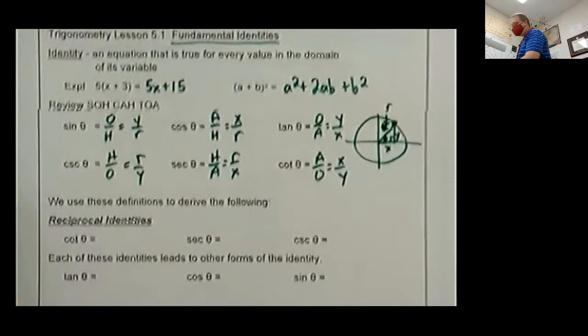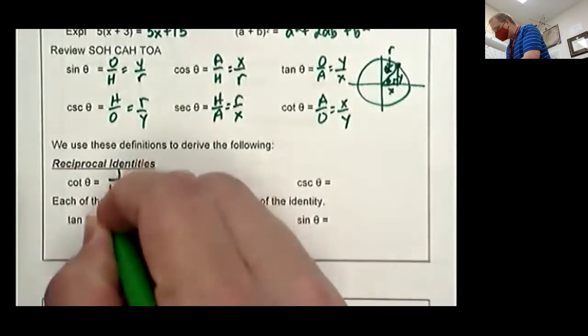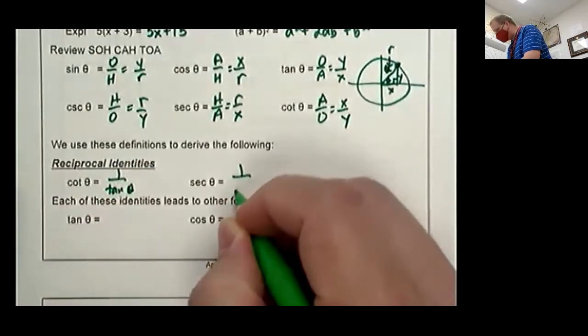So we use these definitions to derive the reciprocal identities. These you have to know, probably already know them in your head. Cotangent of theta then is 1 over tangent of theta. Secant of theta is 1 over cosine of theta. And cosecant of theta is 1 over sine of theta.